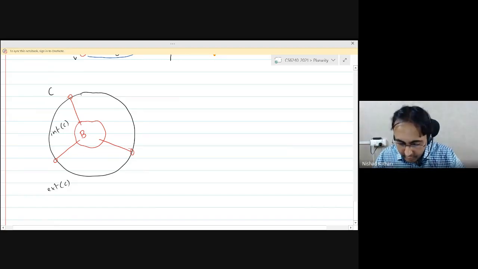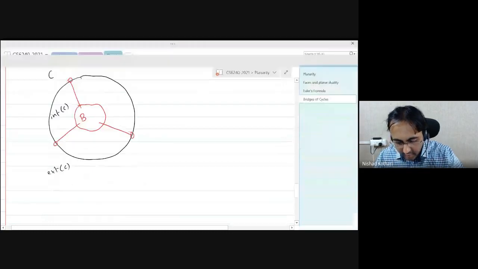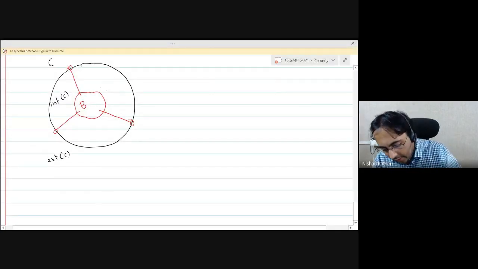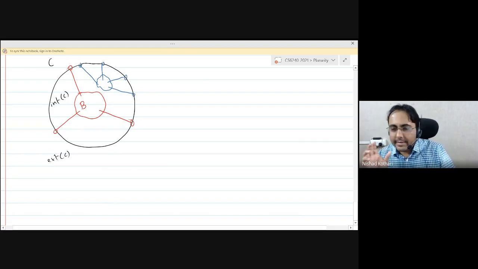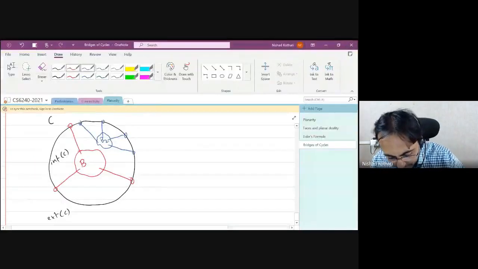If I want to put the other bridge in the interior of the cycle, then basically it should look something like this. All the vertices of attachment of this bridge should be contained in a single segment of the cycle induced by the other bridge. And so that's what we are going to define.